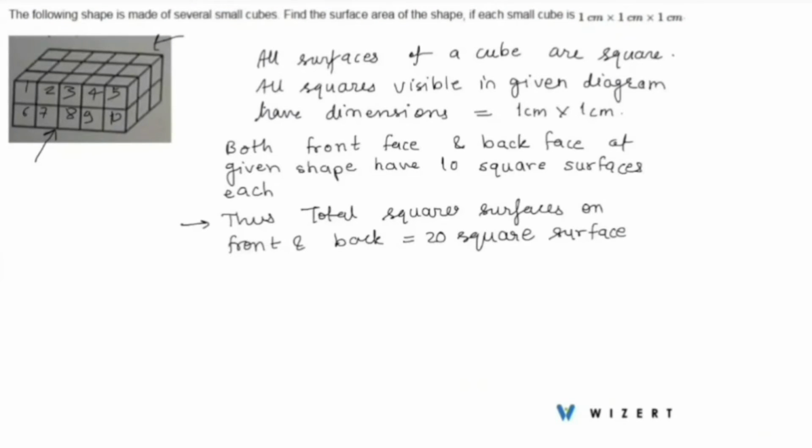So similarly we have two side surfaces, one over here and one over here. Now as we can see, both the side surfaces have 1 2 3 4 5 6 faces each. Thus both side surfaces have 6 square surfaces each.